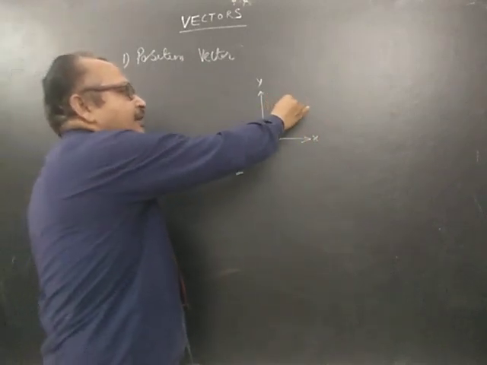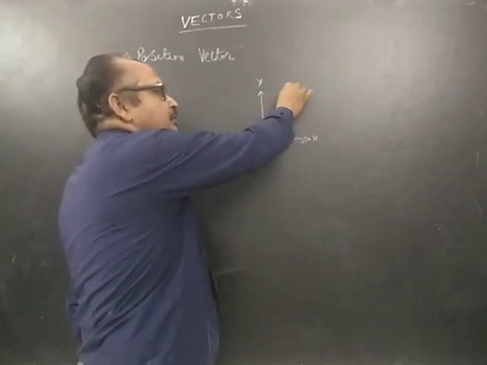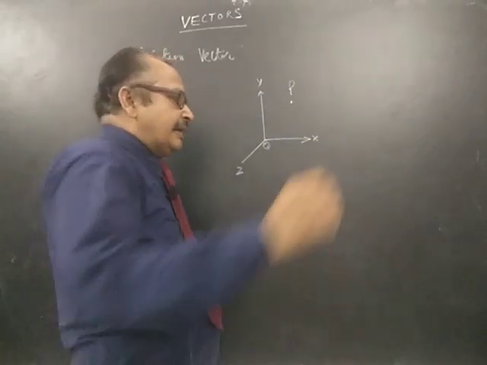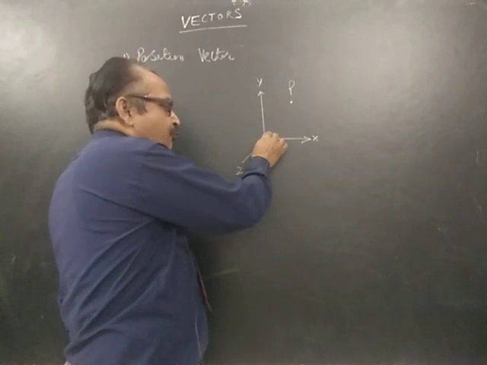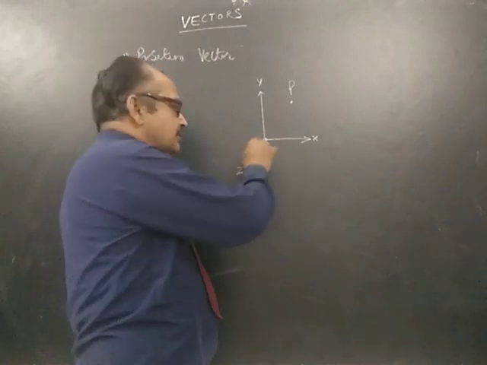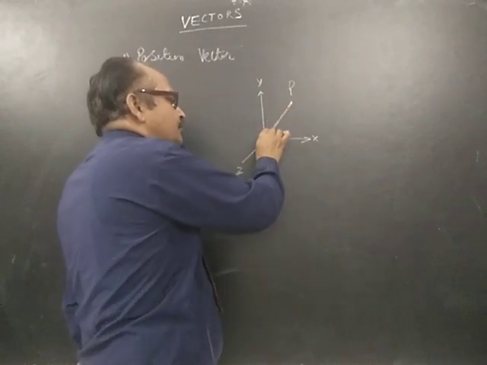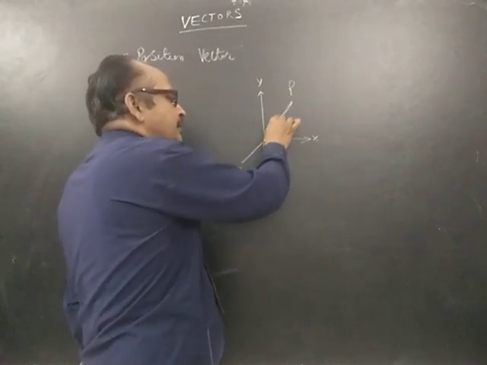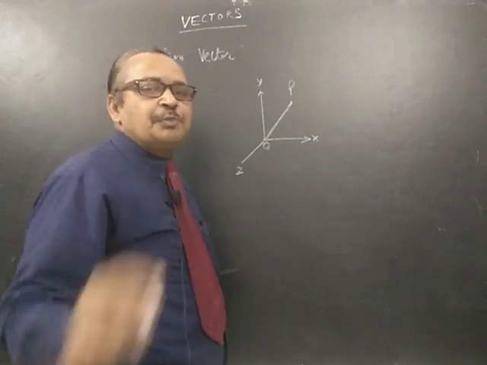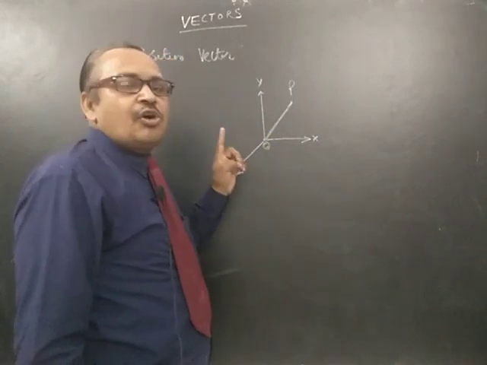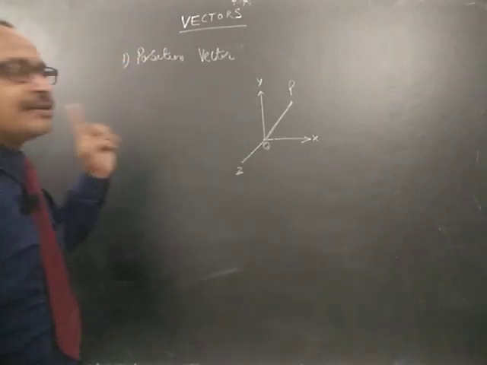Now if I have a point along this place, let us say P. Now from the origin, the vector which determines the position of this P, or you can say the distance of this P from the origin, is called a position vector.